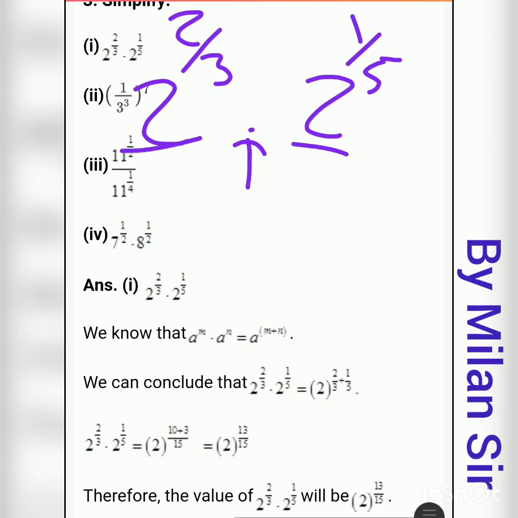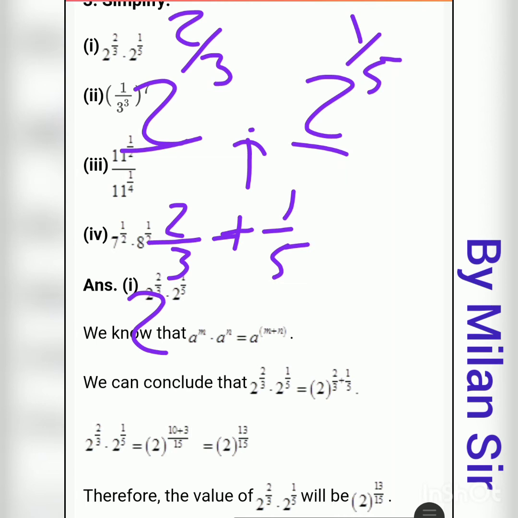So we need to add our exponents. This is the rule: if a multiplication sign is in between and our base is the same, then we need to add the exponents. So the base remains 2, but in the exponent we apply addition: 2 by 3 plus 1 by 5.